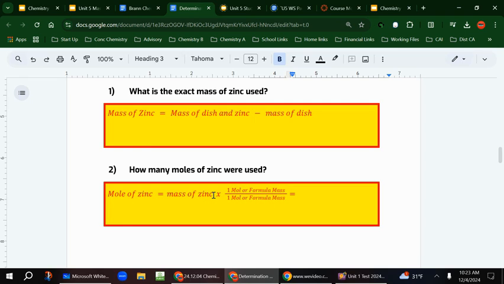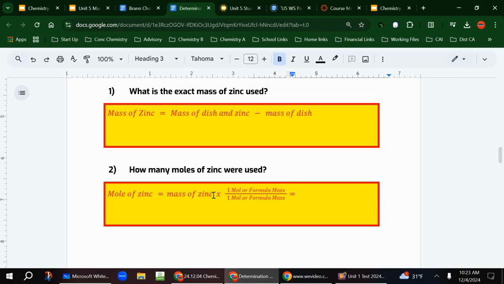Now, it should be a very small number. Because if you think about it, what's the formula mass of zinc? Okay, and we had about 1.6, 1.7 grams in there. That's going to be a fairly small number. Don't be surprised by that, okay? All right?